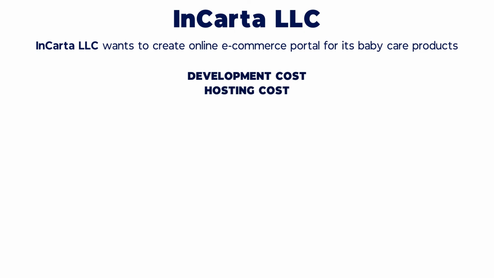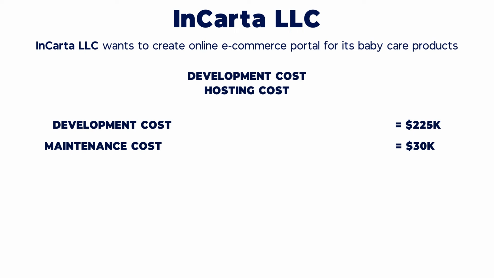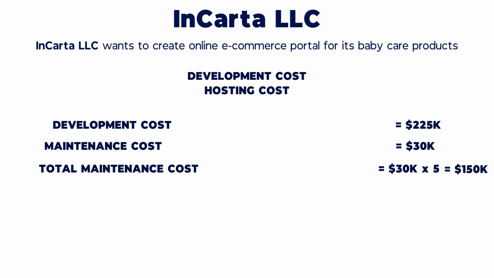The vendor has given a development cost estimate of $225,000. The maintenance cost is $30,000 per year, which means the total maintenance cost will be 30,000 multiplied by 5, which is $150,000. Then comes the hosting cost, which is $3,000 per year.